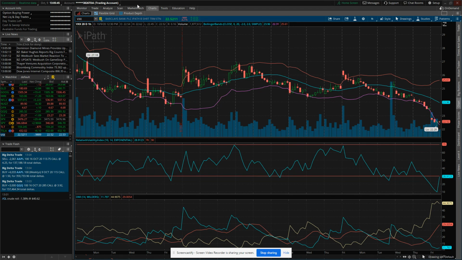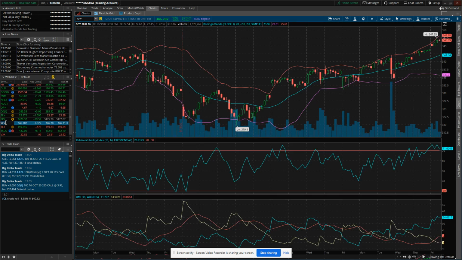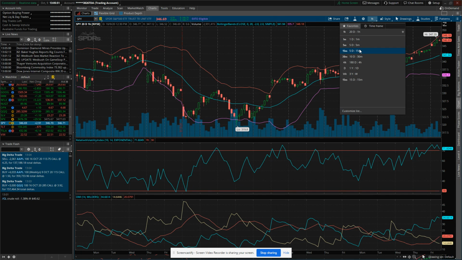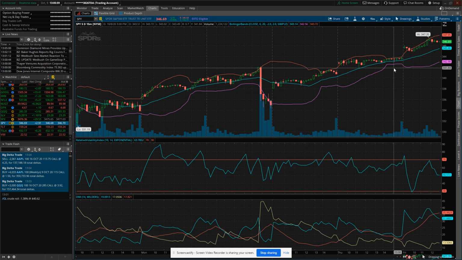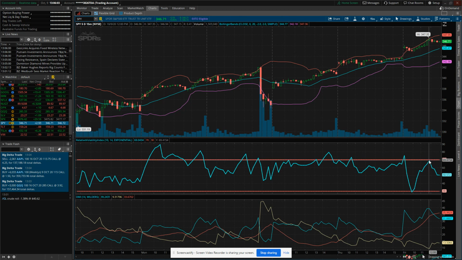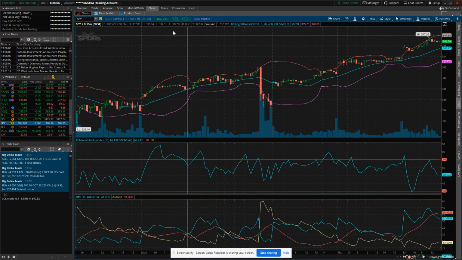So combine that with the S&P 500, or the spider, starting to push outside of its average, and these are the Bollinger Bands, starting to look a little overbought, we felt comfortable placing this trade.